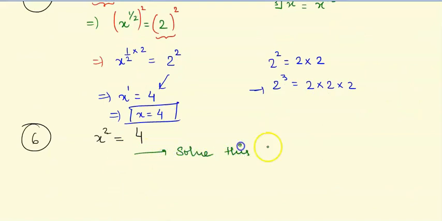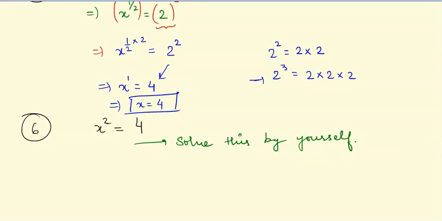If you face any difficulties or doubts in solving this, you can comment it down. I will make a separate video in which I will solve this problem for you. So try to solve this, the sixth part.